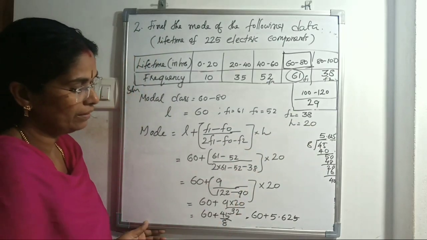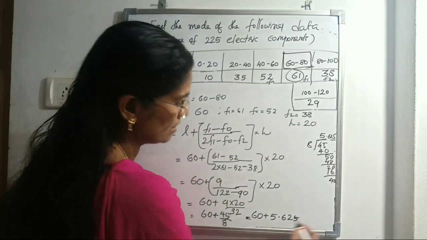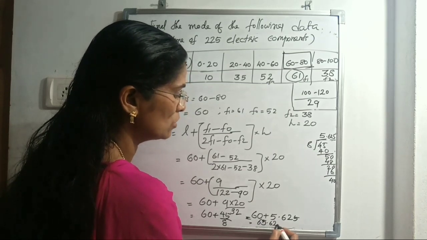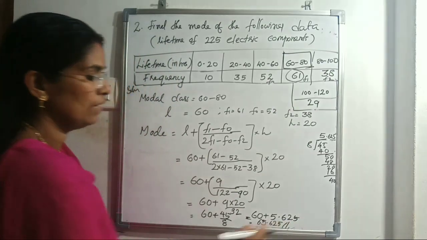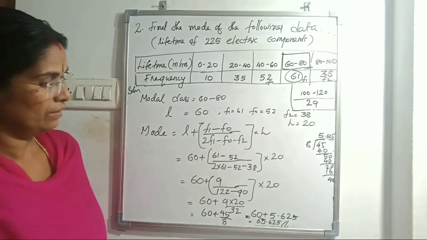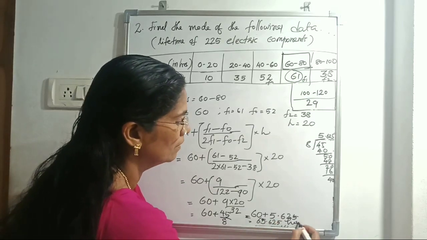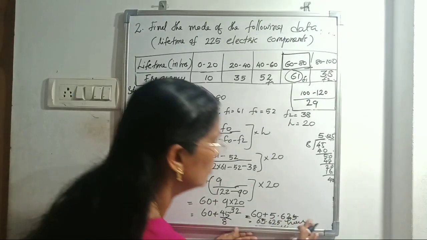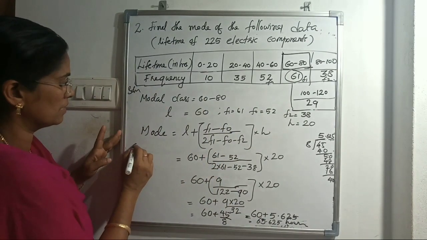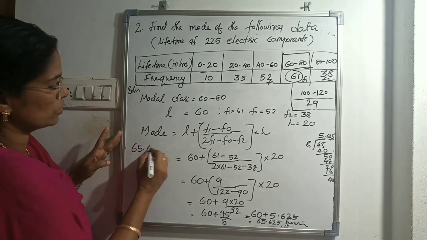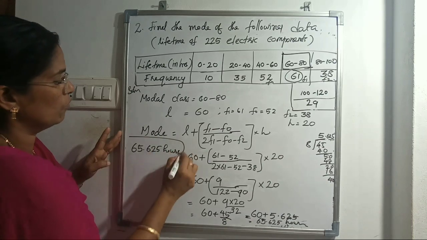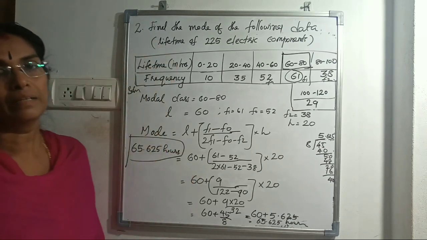Now adding these two terms, we will get the last answer as 65.625. And this much hours we are taking. Last answer, this much hours you have to write. I'm writing here the last answer, 65.625 hours. That is the mode of this given data.